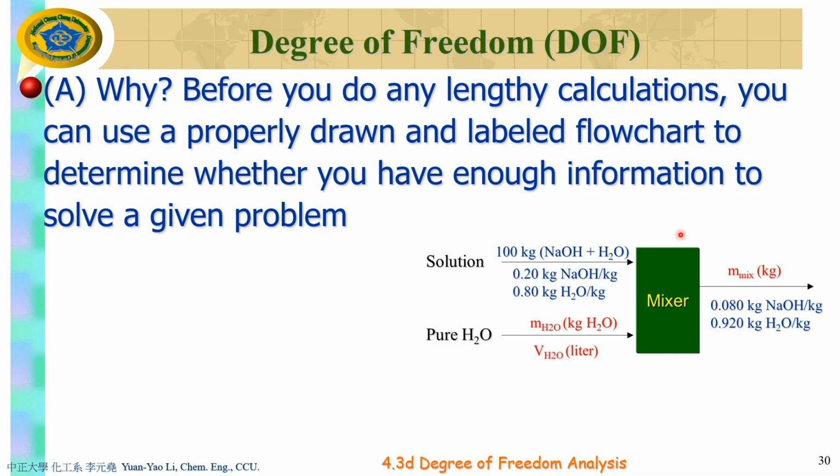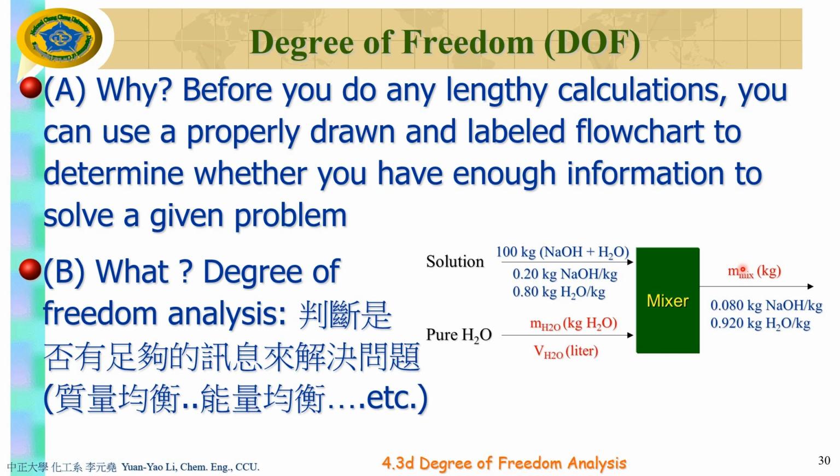So, do you have enough information to get these 3 unknowns? That's important. This is a technique I want to show you today. That's called DOF, degree of freedom analysis. Degree of freedom analysis is to verify or justify whether this problem can be solved or not.